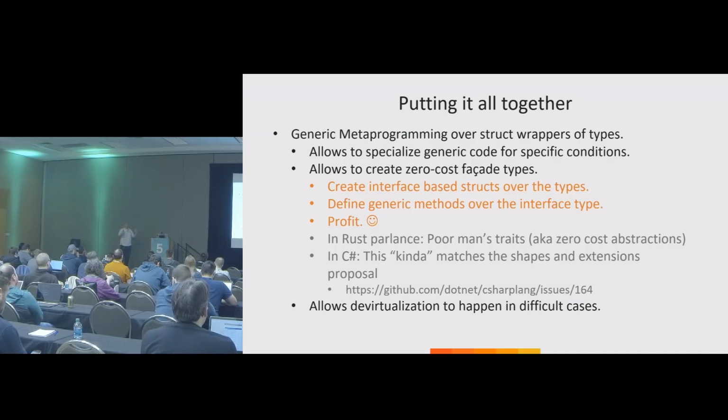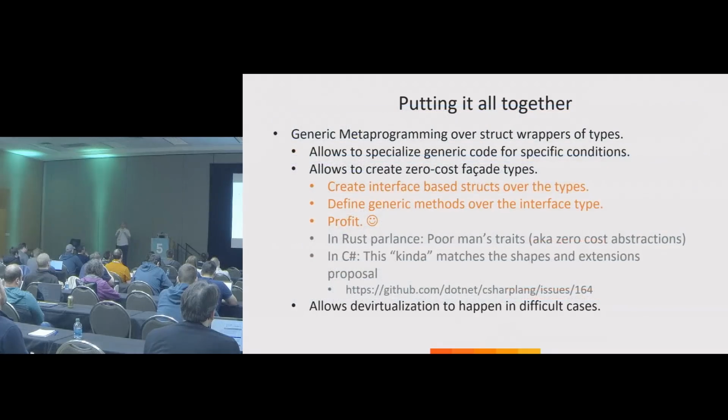Also, it allows us to create facades for types that we know we cannot fix at this level because everything depends on this thing. But what we can do is say, okay, we are building a zero-cost facade on top of this, and every caller is going to tell me how they want to use it. Oh, you want to use this in this way?